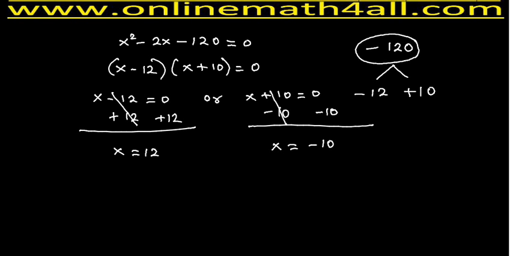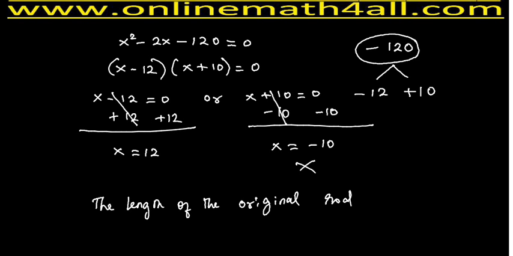Negative 10 cannot be considered as an answer here because x stands for the length of the original rod, and length can never be a negative value. So we can't accept negative 10. The length of the original rod is equal to 12 meters.